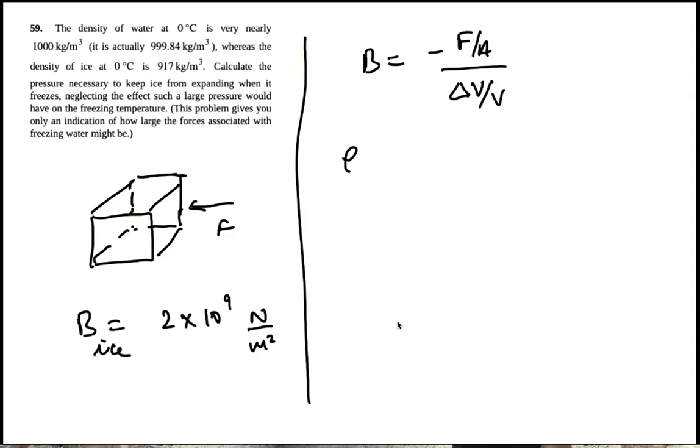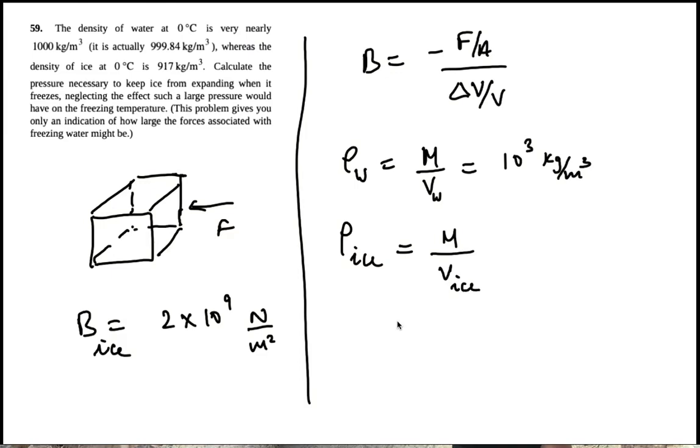The density of water is mass divided by volume, and that's equal to 10 to the 3 kg per meter cube. The density of ice, the same mass, is 917 kg per meter cube.